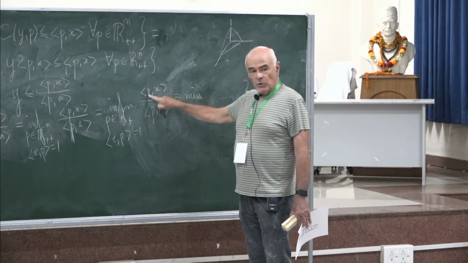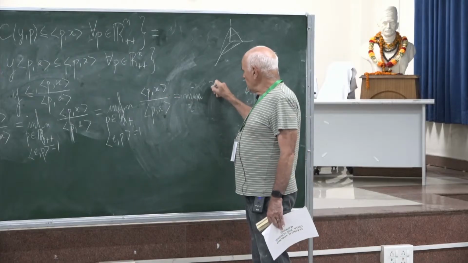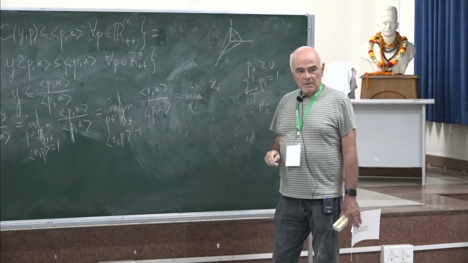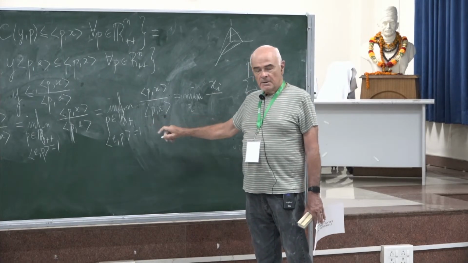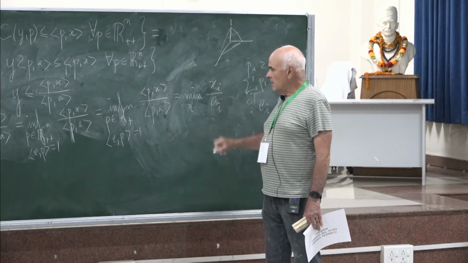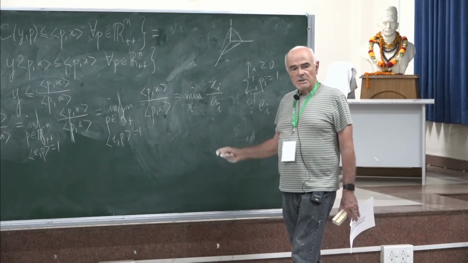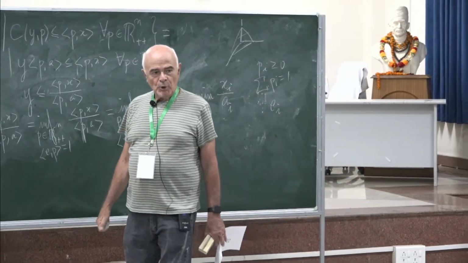And at vector e_i, the numerator is x_i. And at vector e_i, the denominator is a_i. So this is the Leontief production function.